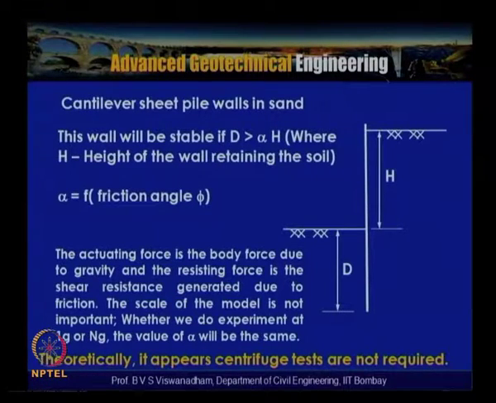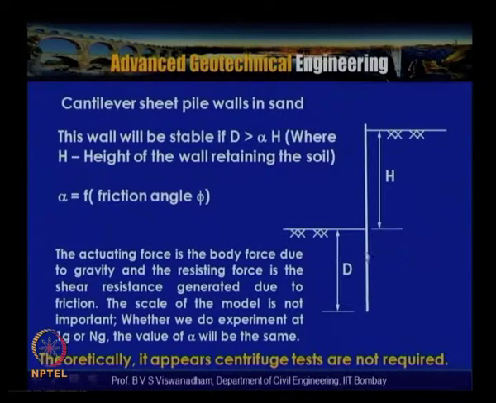If you consider a cantilever sheet pile wall, there are two types: one is very flexible and the other is rigid. In the case of rigid sheet pile walls, the wall rotates about a certain pivotal point above the toe.